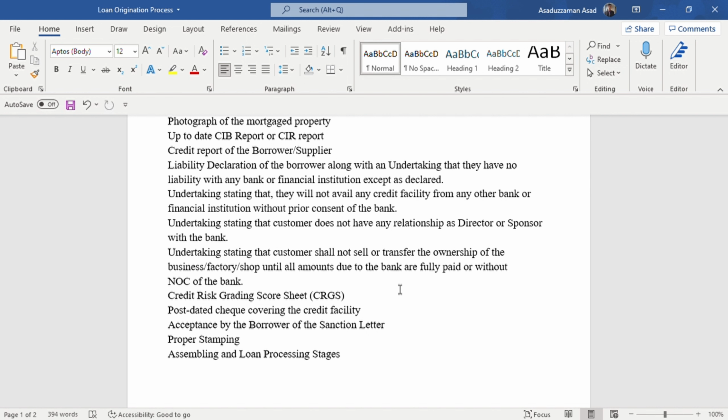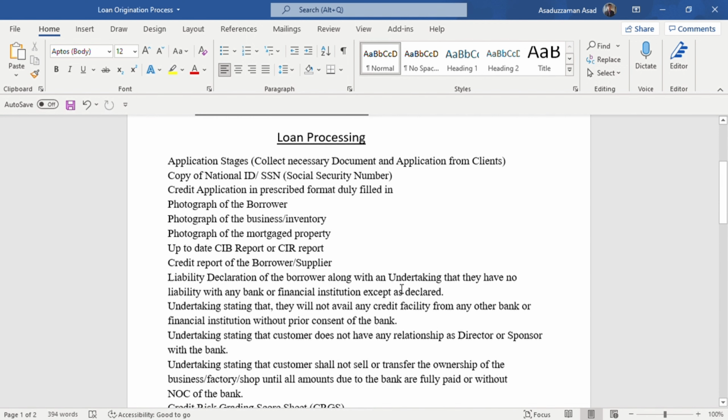Acceptance by the borrower of the sanction letter. Proper stamping, I mean loan documentation completion in proper way. This is the first stage of the proper whole documentation on processing a loan.